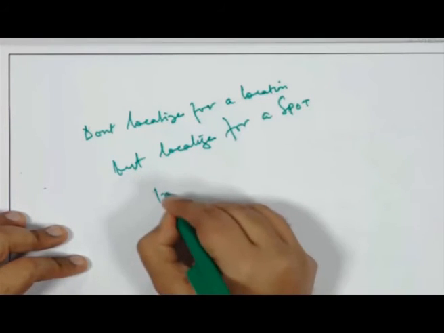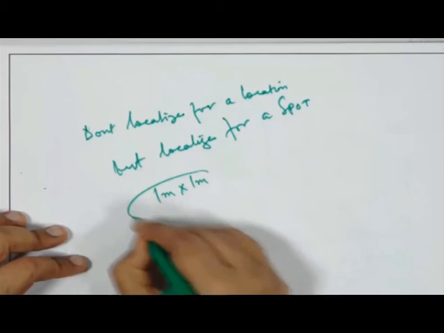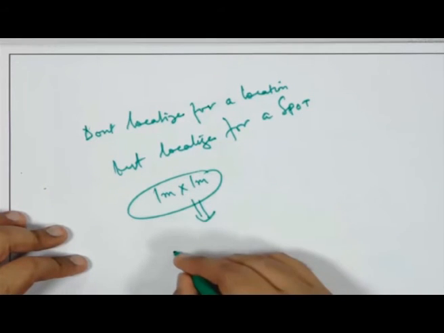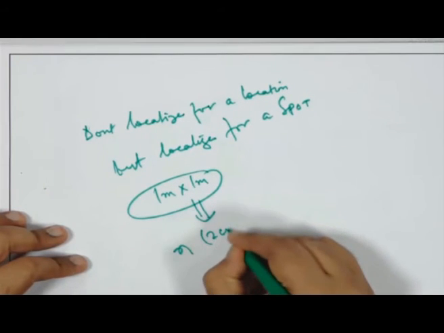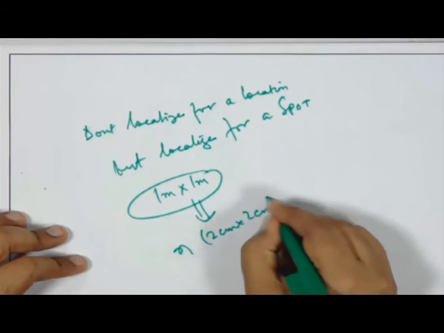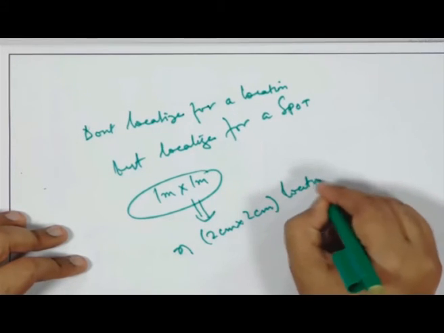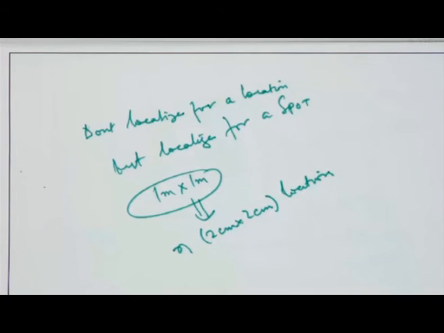A spot is 1 meter by 1 meter, which consists of n locations of 2 centimeters by 2 centimeters. So don't localize for a location, but localize for a spot. Is that clear?